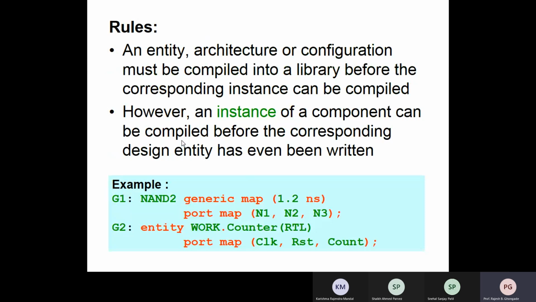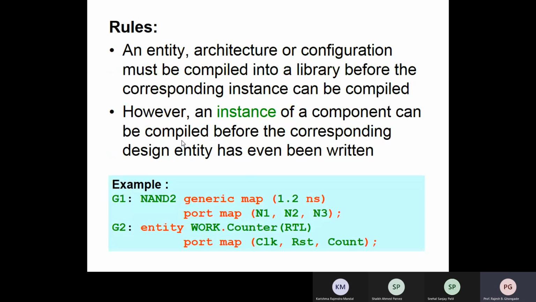First of all, you have to compile the entity, architecture or configuration before you use it for instantiation. However, an instance of a component can be compiled before the corresponding design entity has even been written. So that is, instance can be compiled, no problem with that.